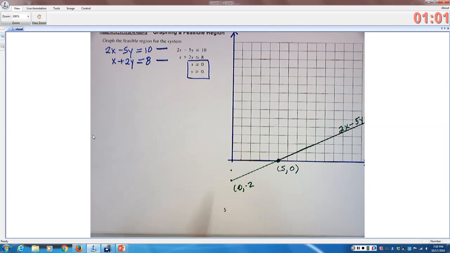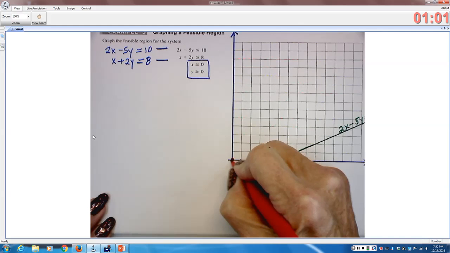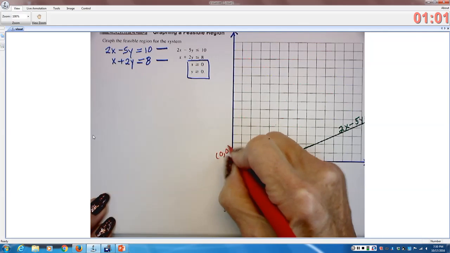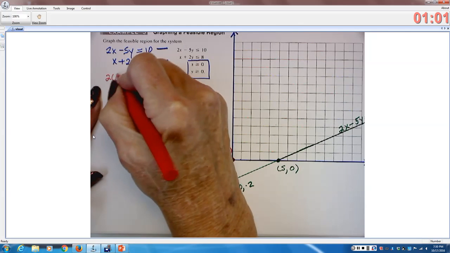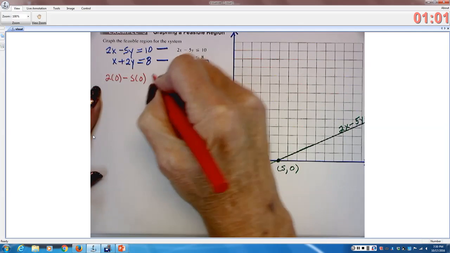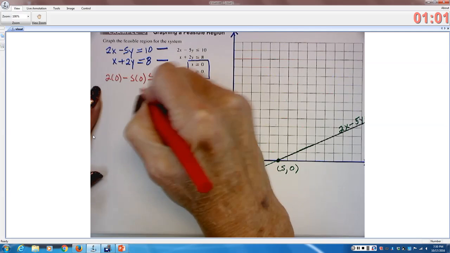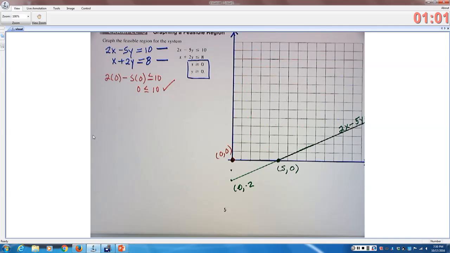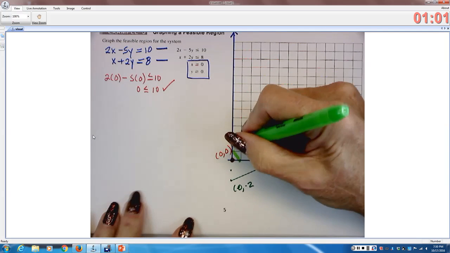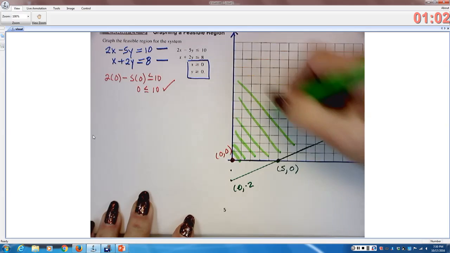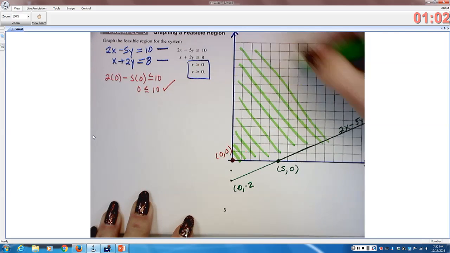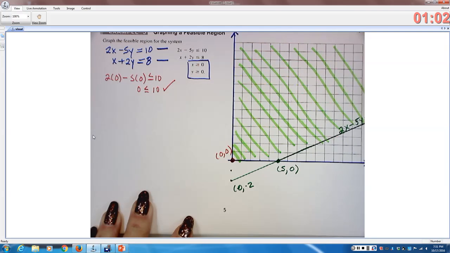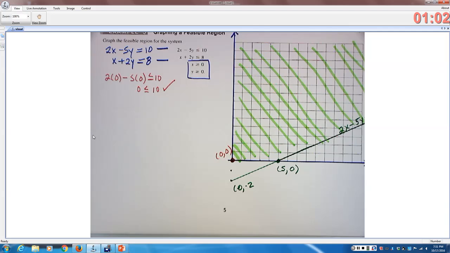And then if I choose 0, 0 for my test point, which is my favorite point, it's true. So when I shade that part, I'm going to shade this way. Okay?